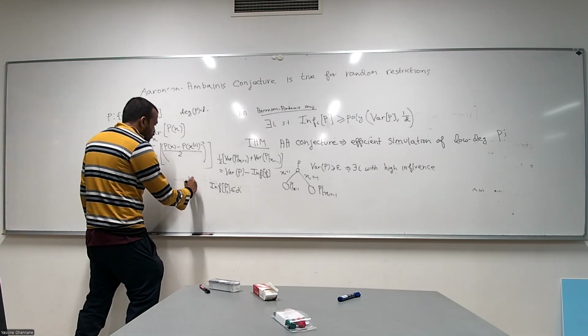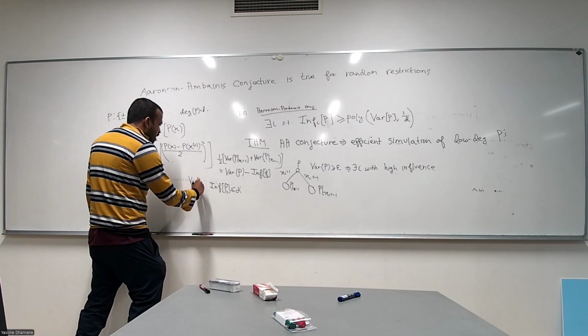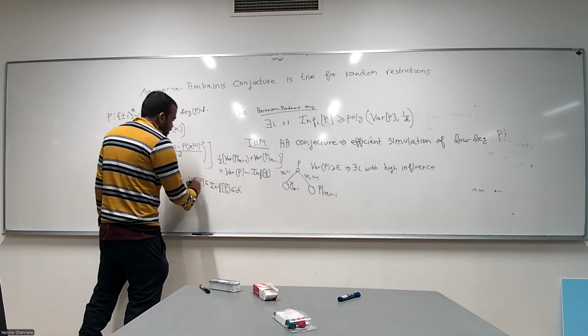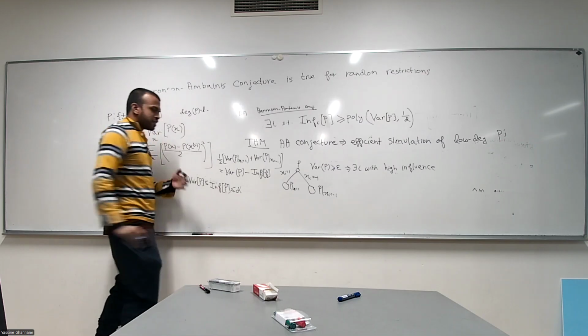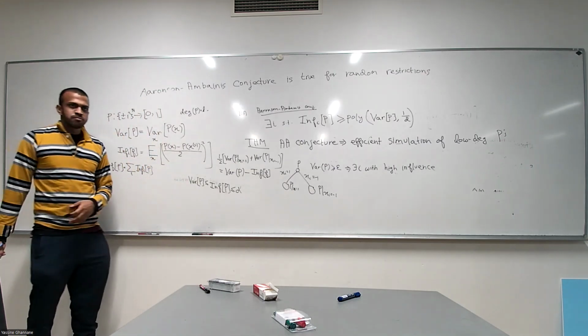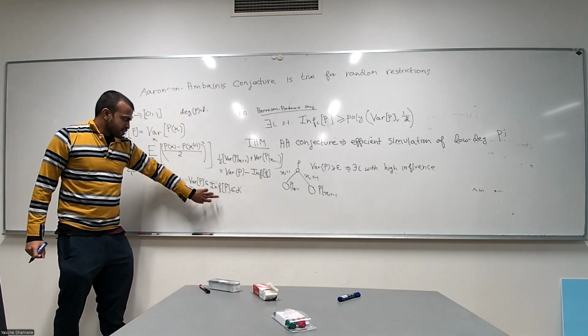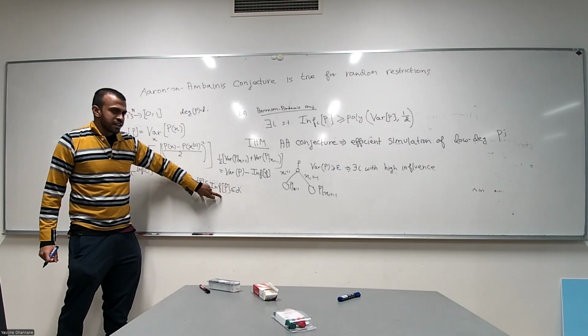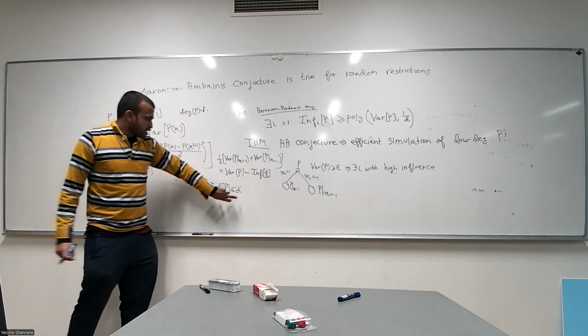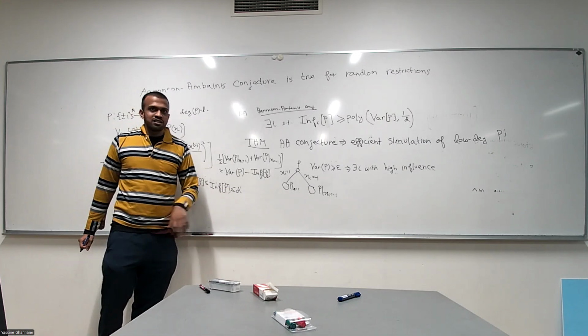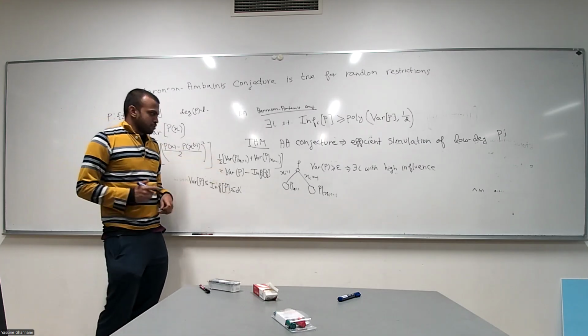And also, the variance of a function is upper bounded by its total influence. These are some facts where one needs to know some Fourier analysis. This one is also known as the Efron-Stein inequality. For this one, you need to know some basic Fourier analysis, but let's assume this for now.